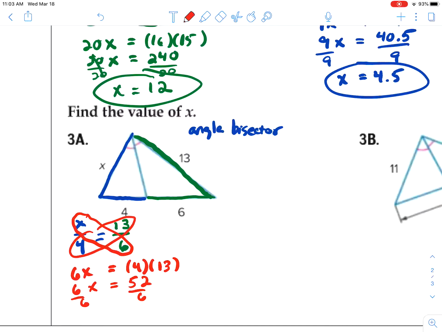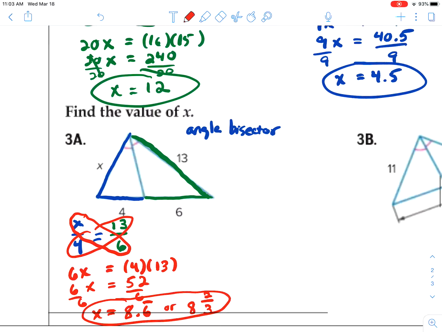So 6 does not go evenly into 52. So that actually leaves us with 8 2/3. So 8.6 repeating, or 8 2/3. So 52/6 is equal to 8 2/3.